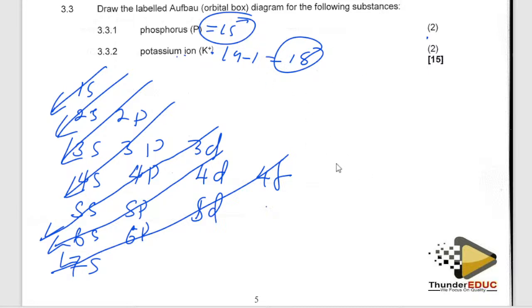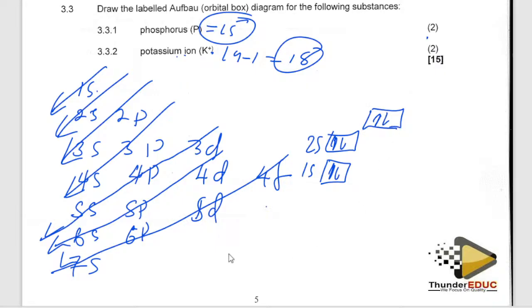For this one, you start with 1s, box, 2 spin, then 2s, still spin, and then they are saying 2p, this is 2p, spin.